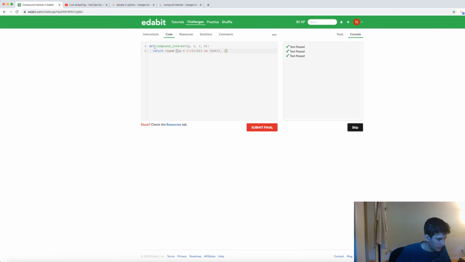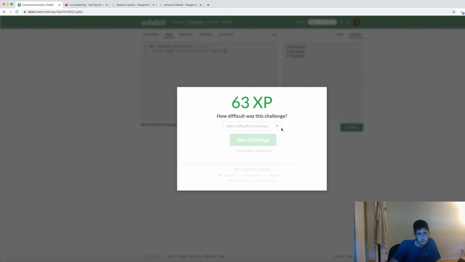And then we used the round method. In the round method, we can specify how many digits past the decimal we want to round to. And we said 2 because that's what the compiler said. And we submit final. And that is it.